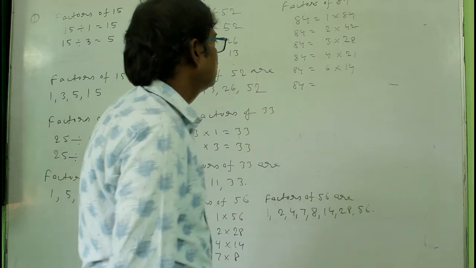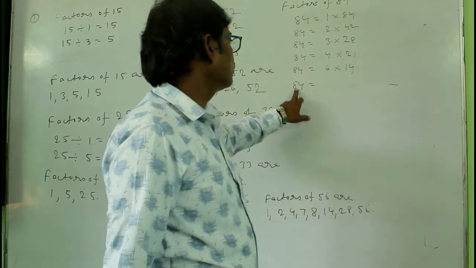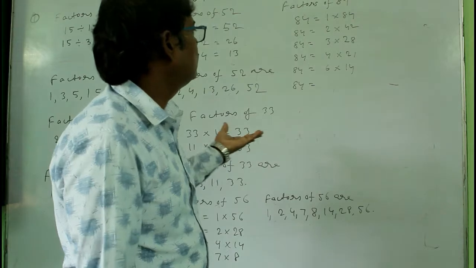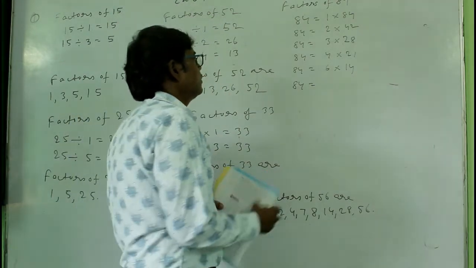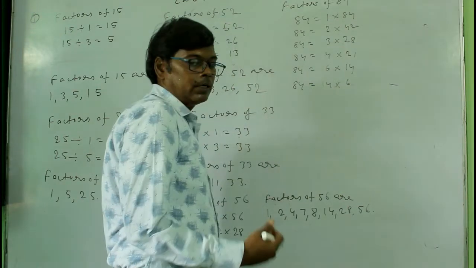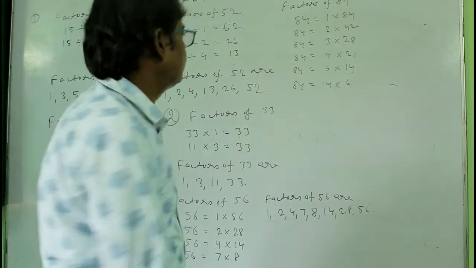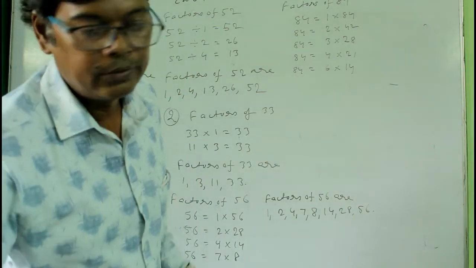Now, if you write anything, then it will not go by 7, okay? Then 8, it will also not go by 8, and 9, and 10, then 11, 12, okay, 13, 14 again. So here, if you write, it will be then 14 into 6, okay? So it is repeating, right? So we will not write further, because if you write, then all the numbers will keep on repeating, okay?